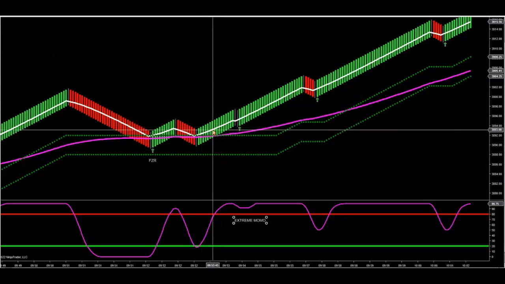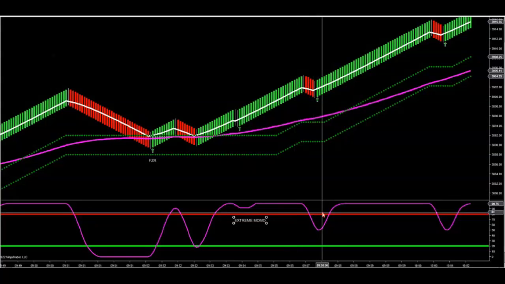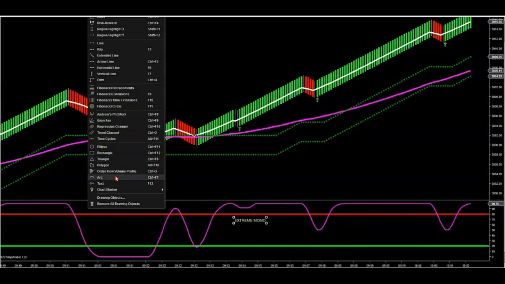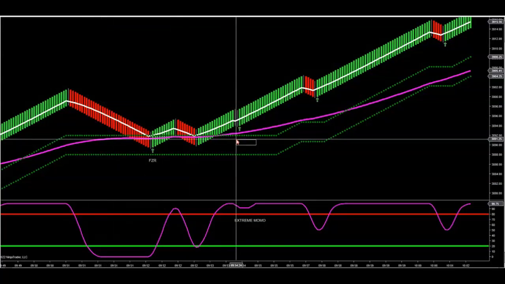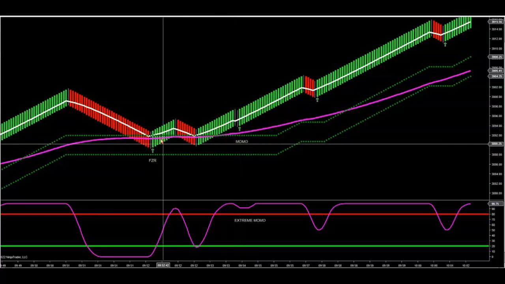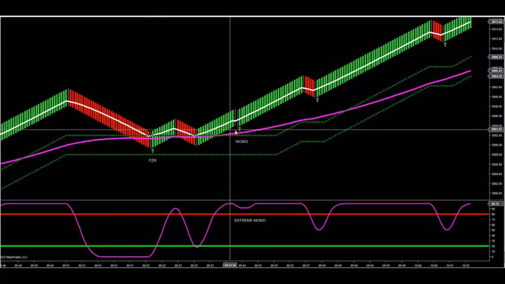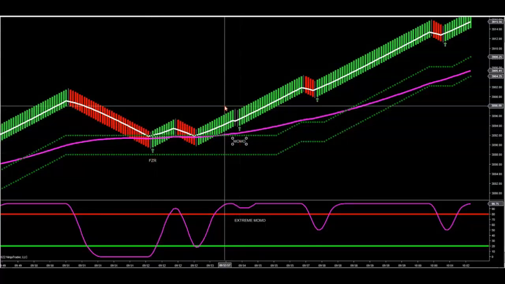My MAs are crossed. It goes into another momentum setup and another momentum setup. But your best momentum setup, whatever time frame you trade, is after a qualified FZR reverses outside the zone. So our larger time frame reverse gave us a green bar. We waited on the small time frame and we got a Momo.